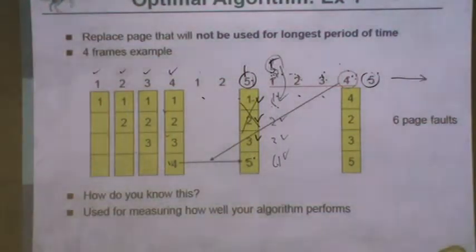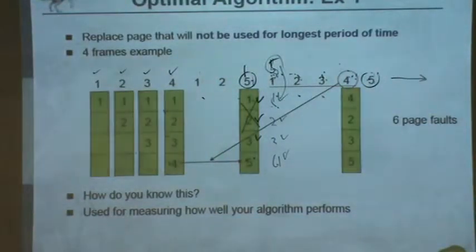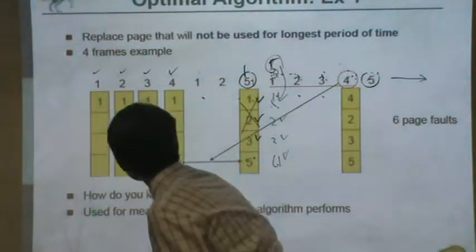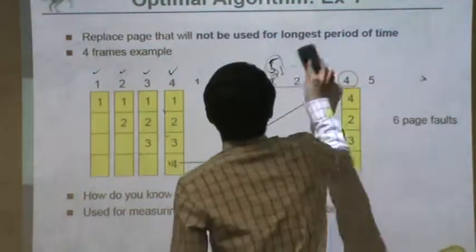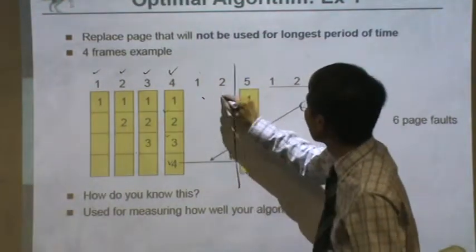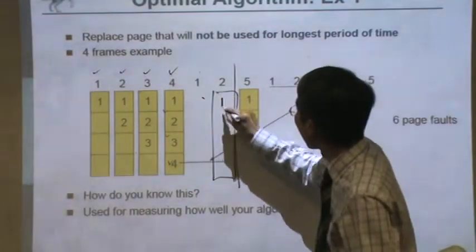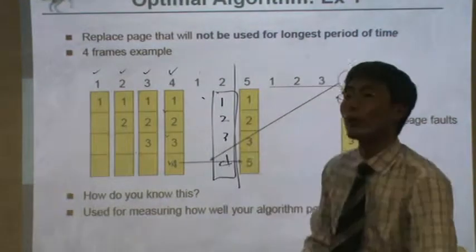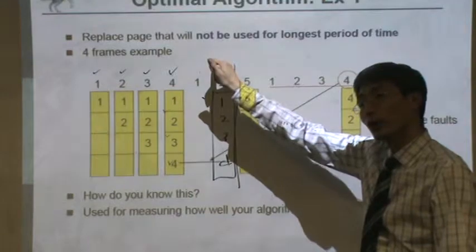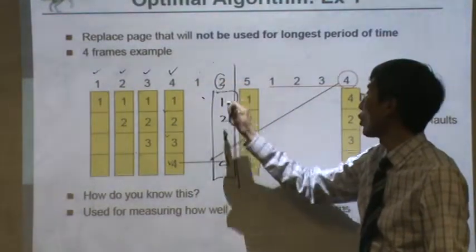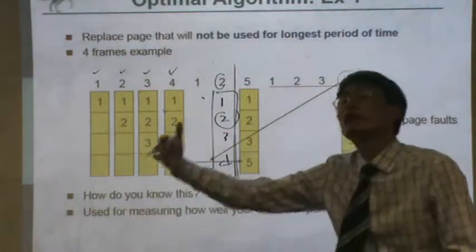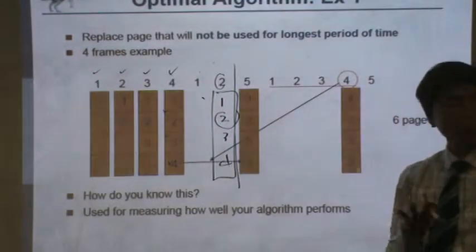Yes. But I don't understand why you call it a page fault when you take one value and put it into the page. Page fault means, so up to this one, in the physical memory we have 1, 2, 3, 4. When the CPU references page 2, it is here in the memory, so the CPU can read the data from the memory, no problem.